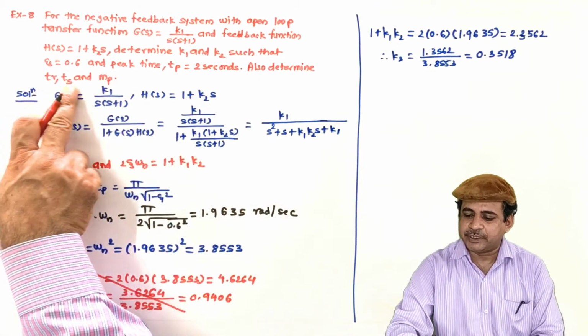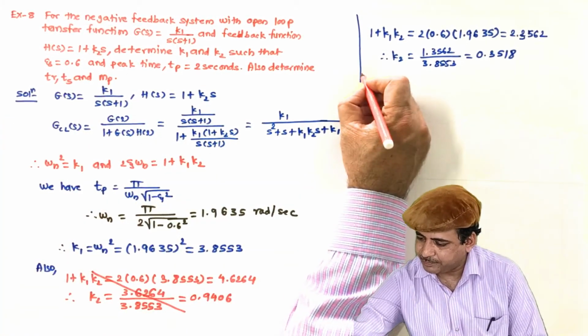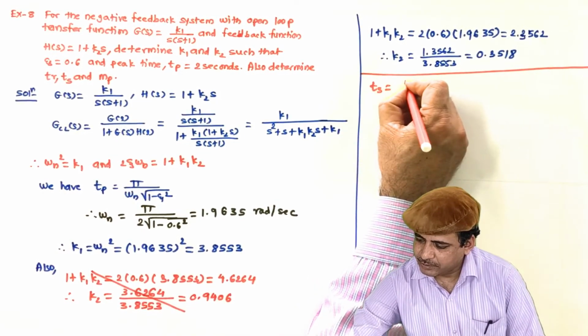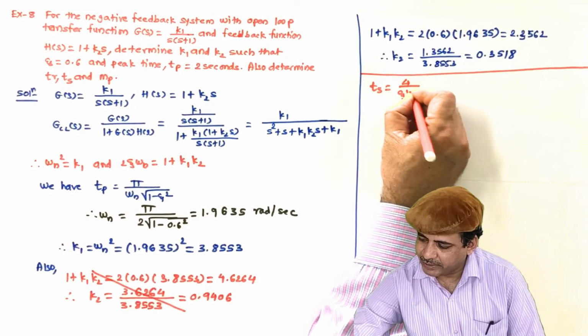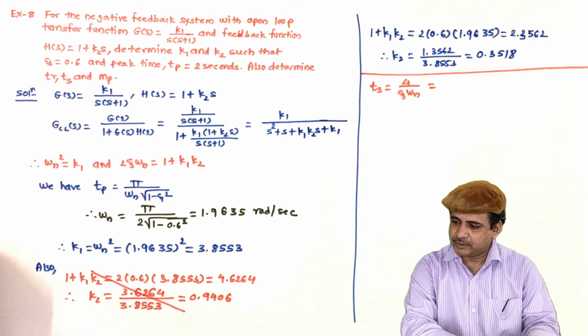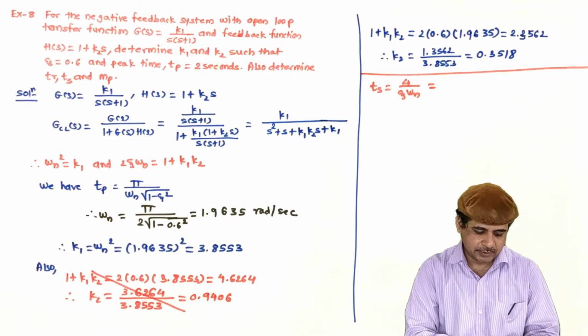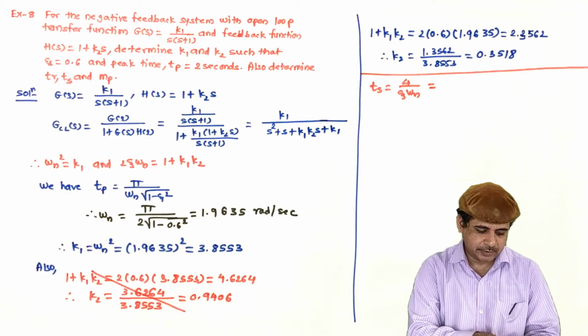Also it is asked to find out Tr, Ts and Mp. So Ts is 4 upon zeta omega n, that is zeta is 0.6, omega n is 1.9635, so 4 divided by that.